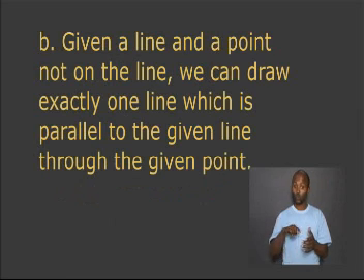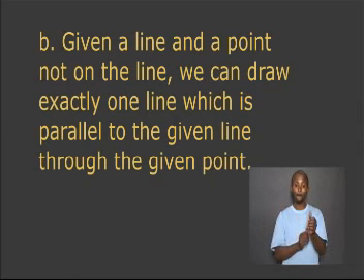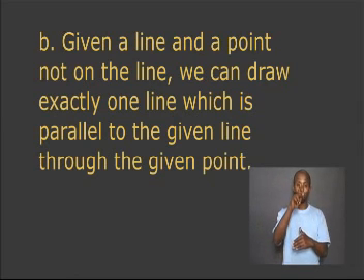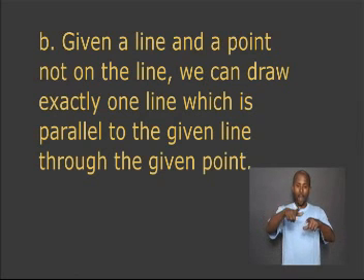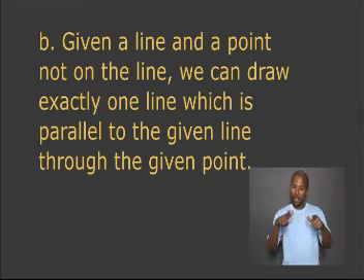We can draw lines that are parallel to AB and passing through P, through R, and through Q. This is because given a line and a point not on the line, we can draw exactly one line which is parallel to the given line through the given point.